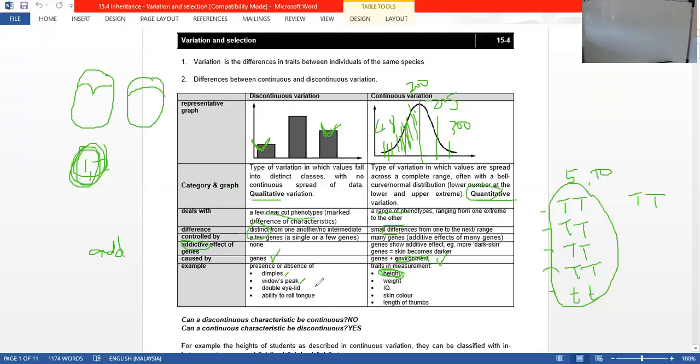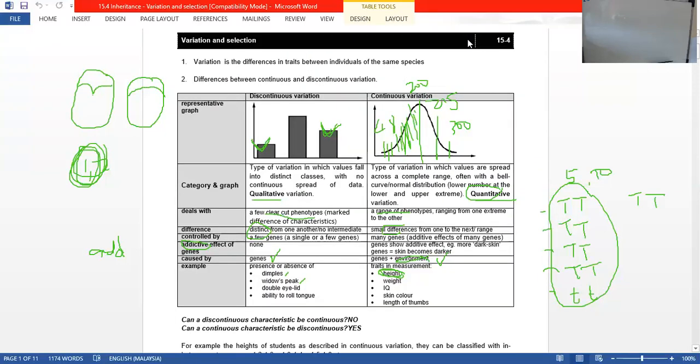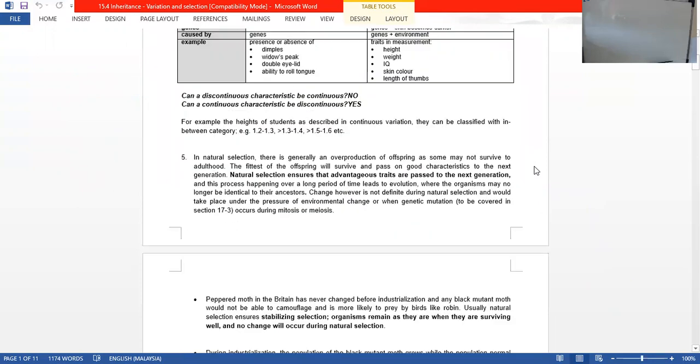If you can roll your tongue, you can roll your tongue. If you cannot, you cannot. There's no diet or activity or type of exercise or way someone can teach you how to roll your tongue. You can roll, you can roll. You cannot means cannot. Very easy. So this is about variation.